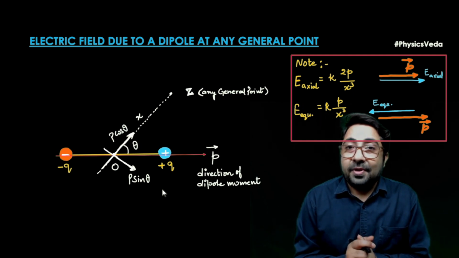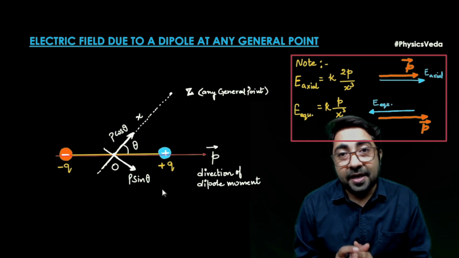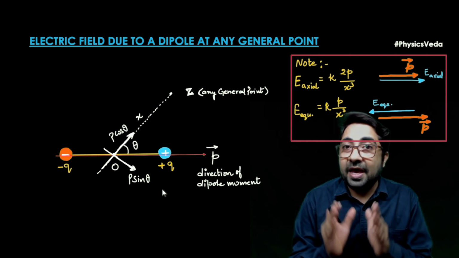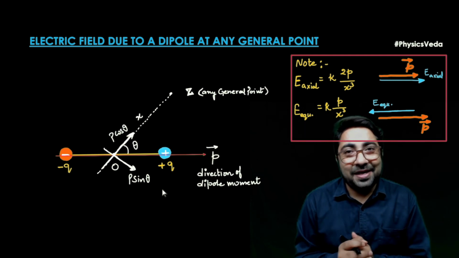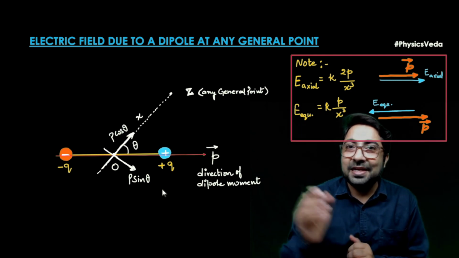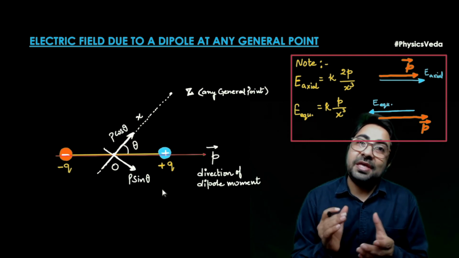So, in the formula of electric field due to axial line and equatorial line, we have to put two values. Number one, p cos theta when we talk about the axial line, and p sin theta when we talk about the equatorial line.